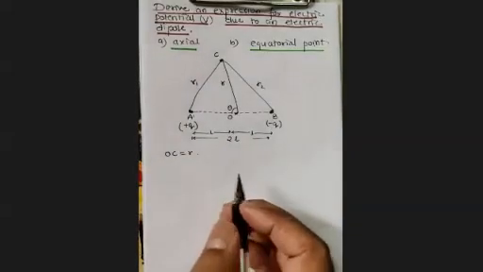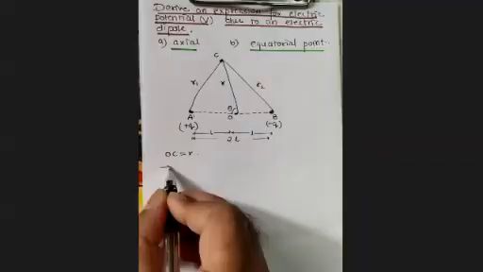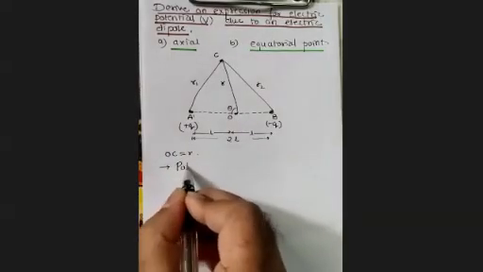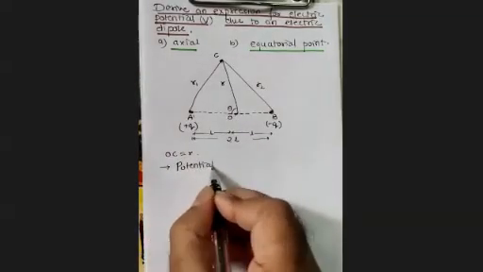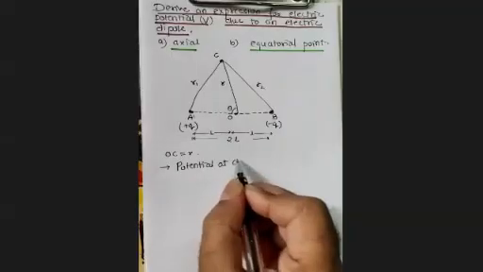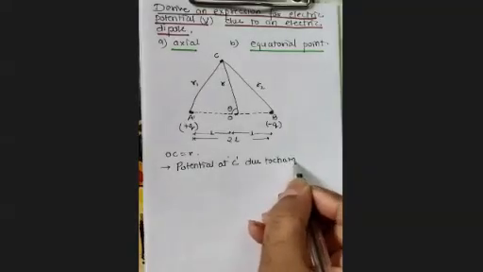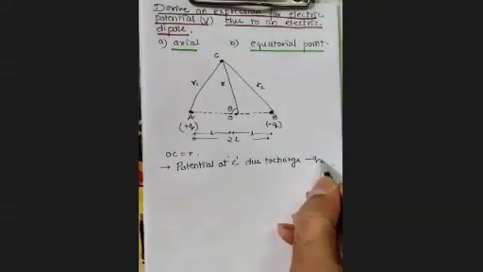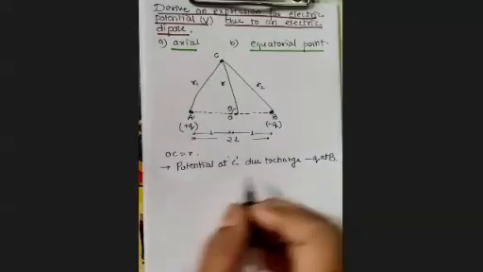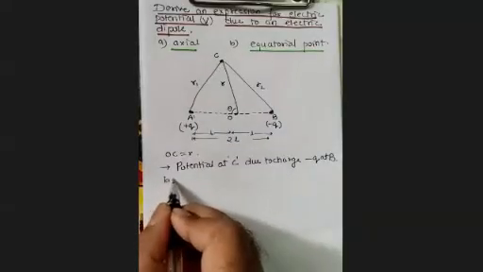Now, potential at C due to charge negative Q at B be V2.